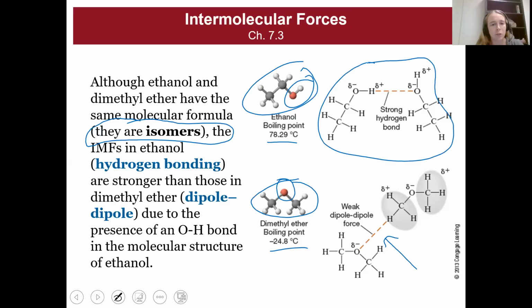So ethanol has hydrogen bonding because it's got an OH bond, so it has a high boiling point because hydrogen bonds are stronger than other dipole-dipole forces in molecules of the same size. Okay, so there's a lot of different things to keep in mind when we compare intermolecular forces.